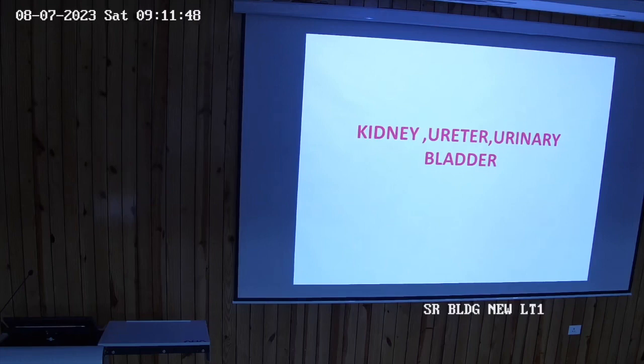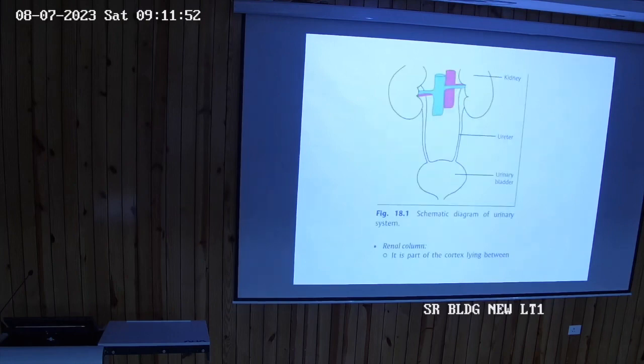Each kidney is bean shaped. Look here, this is the lateral wall and this is the medial wall. The medial wall of the kidney is slightly depressed, and that part is called the hilum of the kidney.